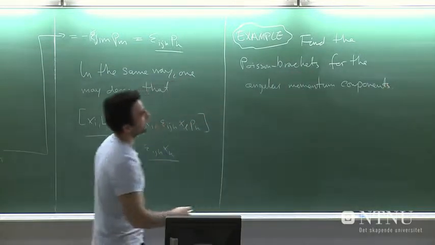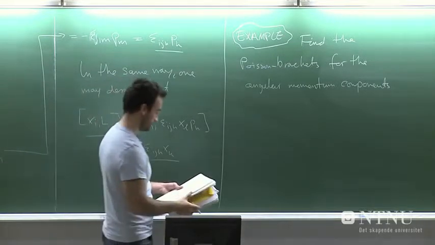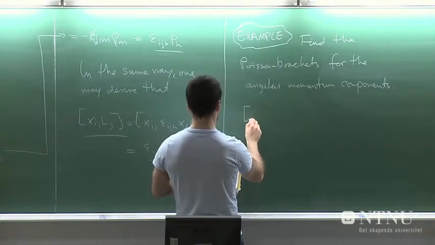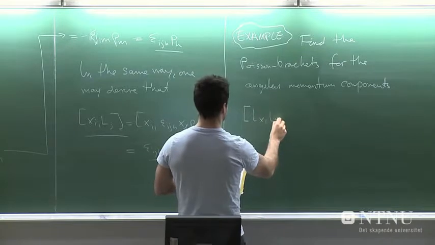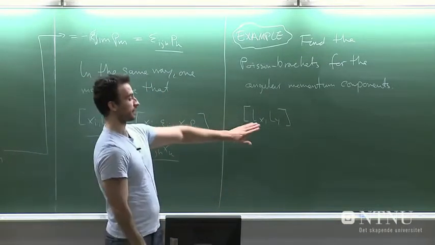And the example is to consider the Poisson bracket for the angular momentum components. So for instance, calculating a quantity like this.